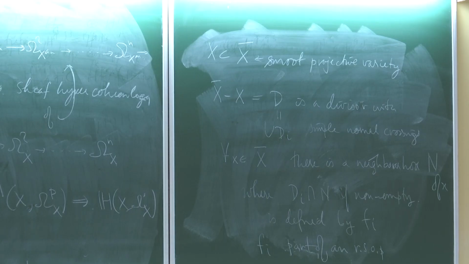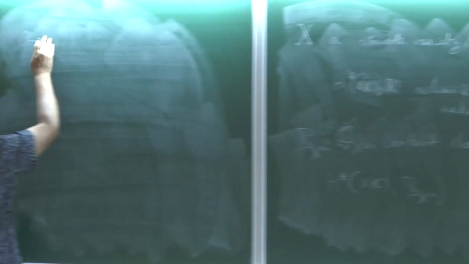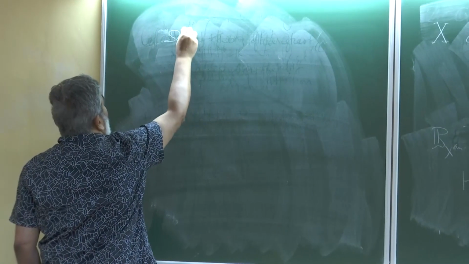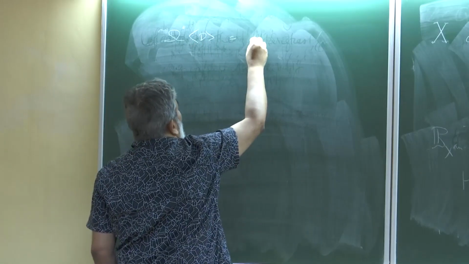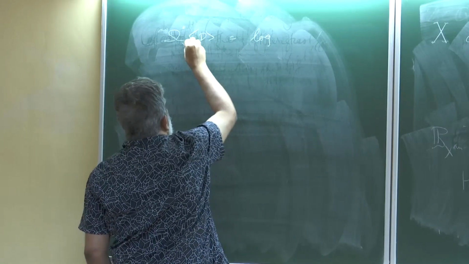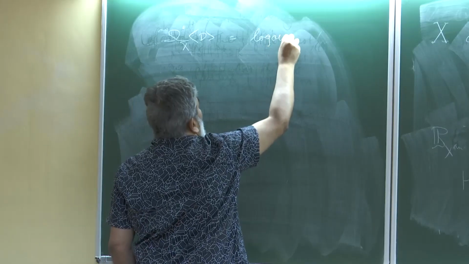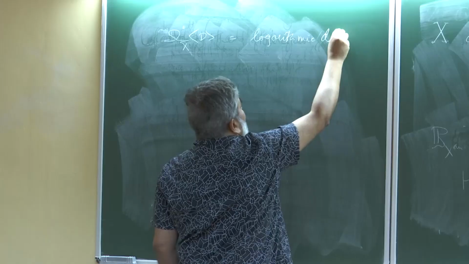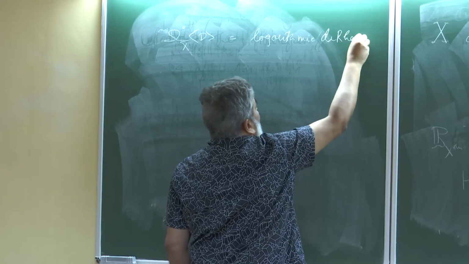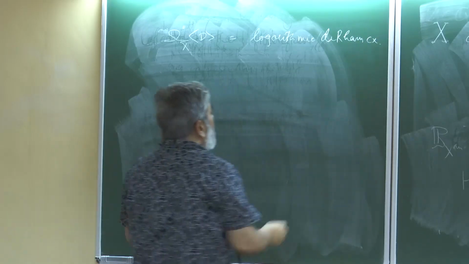So there's a definition, as Nitin said, of what is called omega dot, which is called the logarithmic complex.